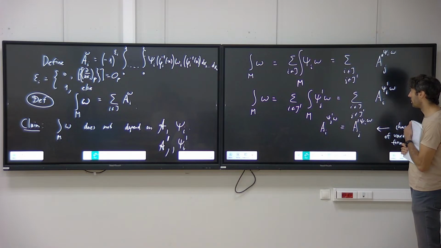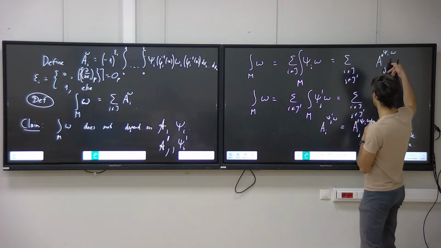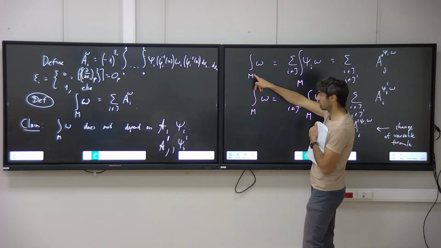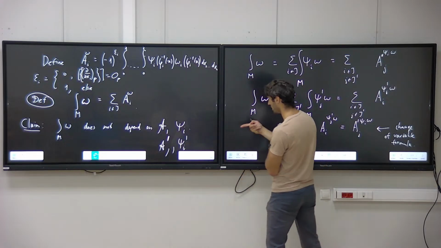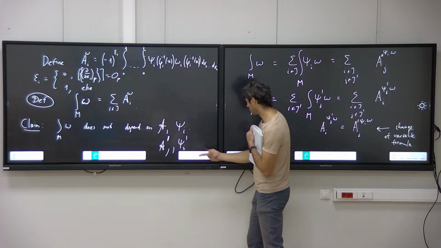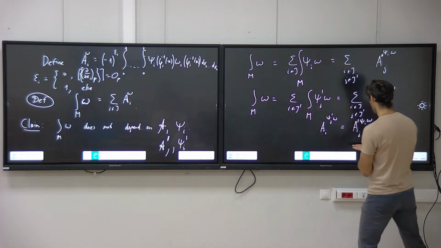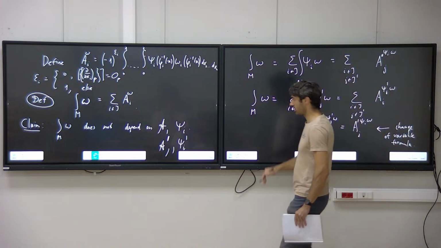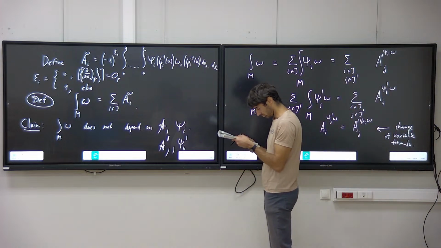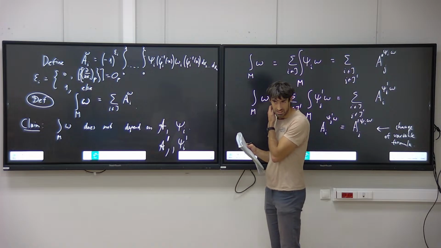And therefore, here we treat this integral using the definition with this initial data, and here using that initial data. At the end, they just coincide, and that's why the claim is true. Okay, is it clear what happened?